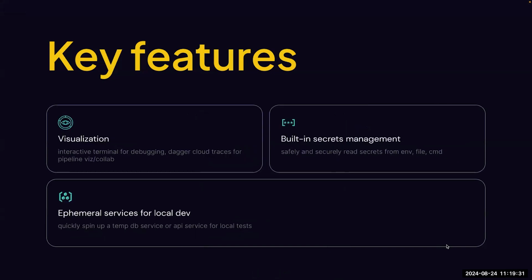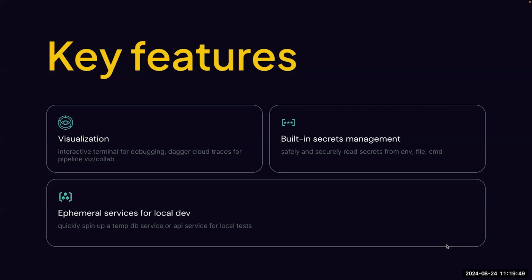Dagger provides an interactive terminal UI. For debugging and seeing the traces, we can also visualize them in Dagger Cloud and in the terminal. Dagger has built-in support for secret management.